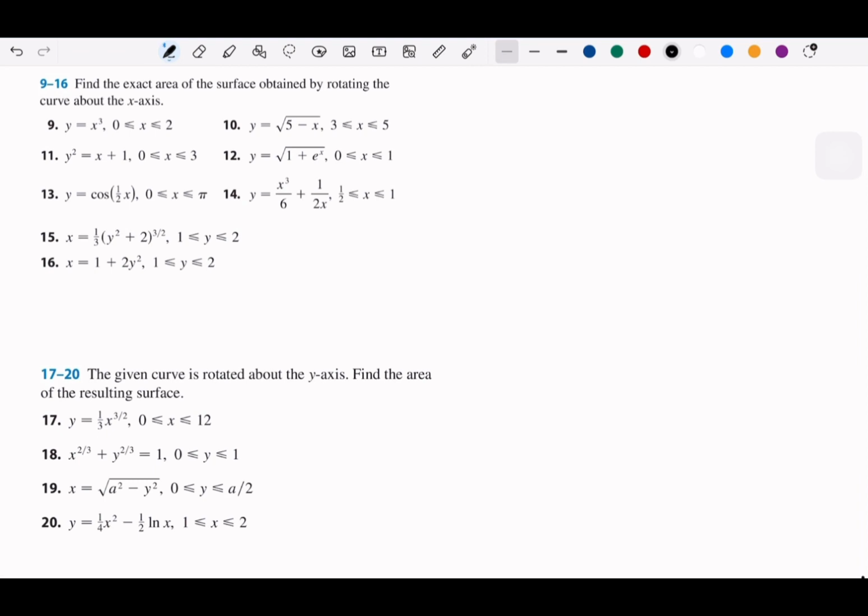Which number do you feel is okay? I think, how about 10?